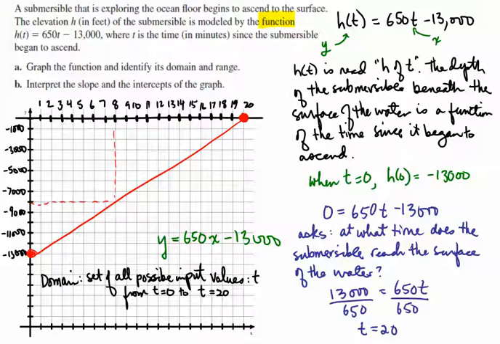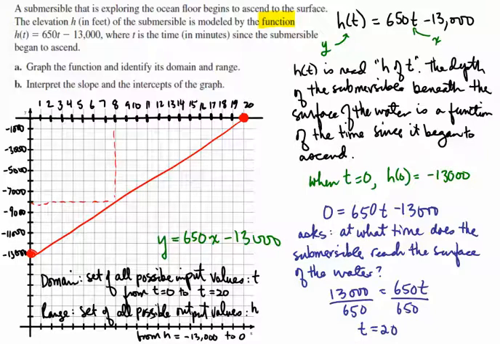The second thing it asks for is the range. And the range is a set of all possible output values. Those are our height values, our h values. And we can see that the height is going to go from negative 13,000 up to 0. And so that's what our range is.